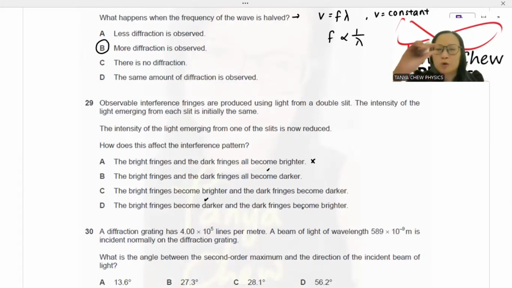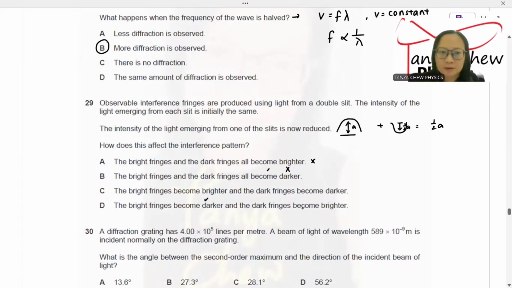So maybe the crest is A, but it meets the trough, which is half A. So you will get half A, even though this is destructive interference. So you would not get 100% darkness. That is why the dark fringes cannot become darker. They will become brighter. So it is not 100% darkness. The bright fringes become darker and the dark fringes become brighter. Yes.